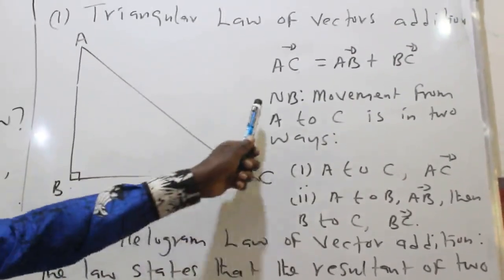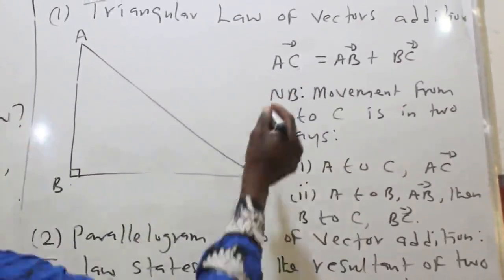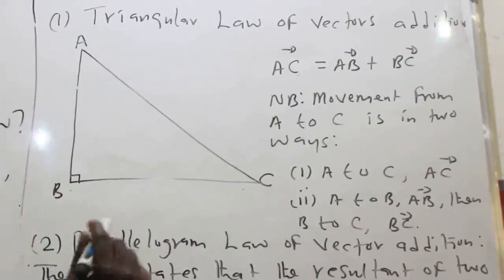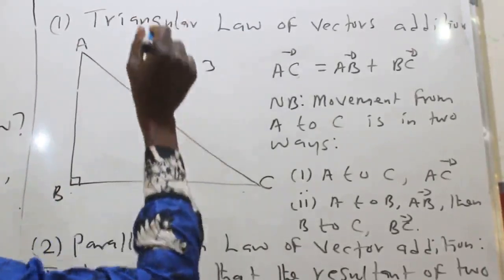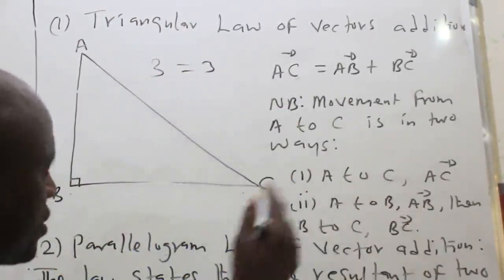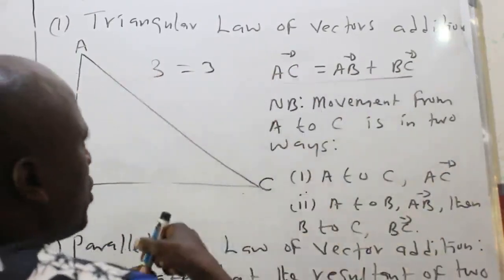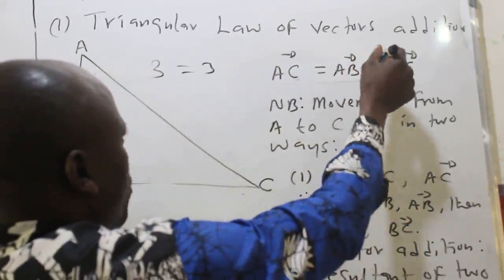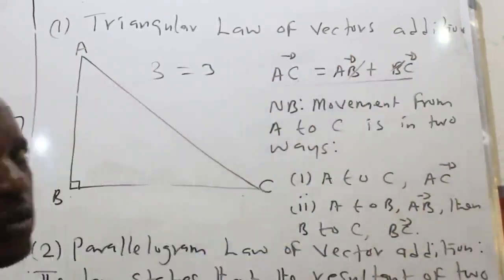Now, later I will tell you something about the triangular law. Since this is a triangular law, in mathematics, if we have 3 equals 3, what we are saying is that what you have at the left-hand side equals the right-hand side. If you look at this, AB plus BC, B will go with B. It's still giving you AC.